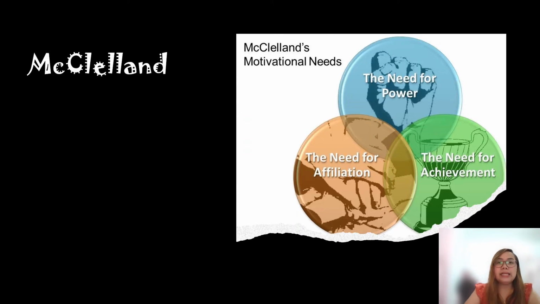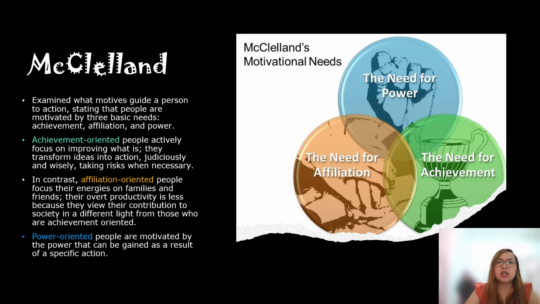Another one is McClelland. For McClelland, he has understood that there are three basic needs. A person is guided or motivated, starting with these three basic needs: achievement, affiliation, and power. Achievement-oriented people are actively focused on improving what is. They transform ideas into action, judiciously and wisely taking risks when necessary.